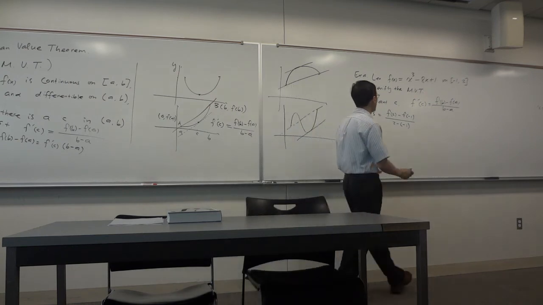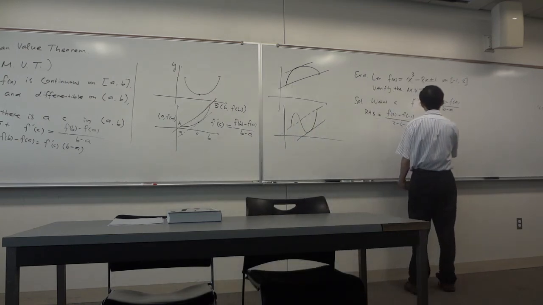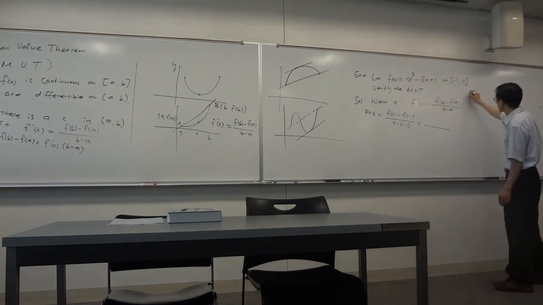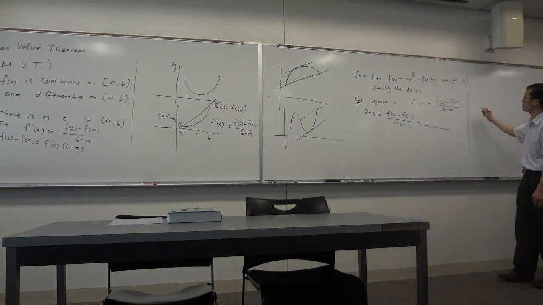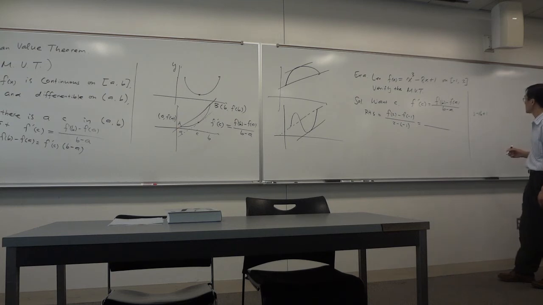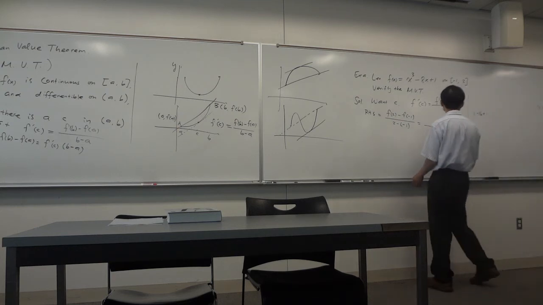Okay, so let's do the computation here. What is f(2) equal to? You can just do it on the side. f(2) equals 2 to the 3, that's 8, minus 8 times 2, 16, plus 1, so minus 7.